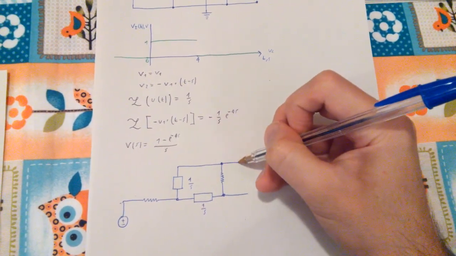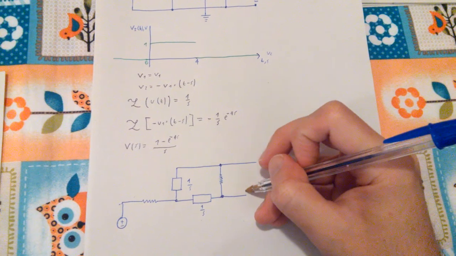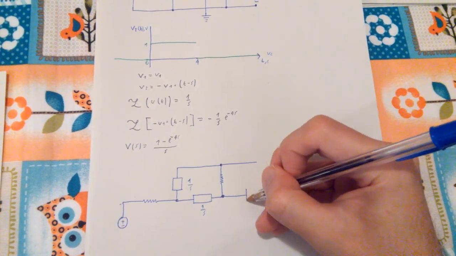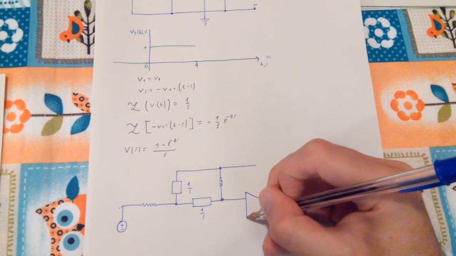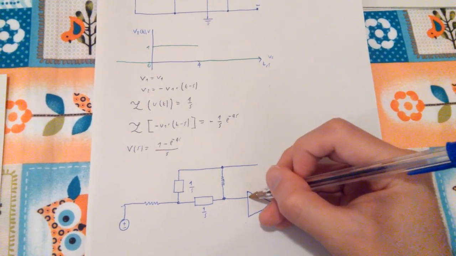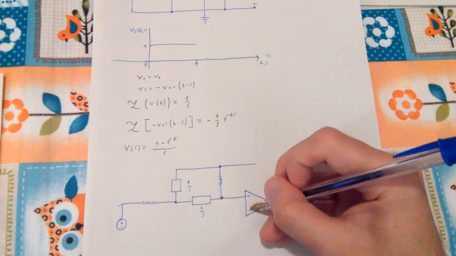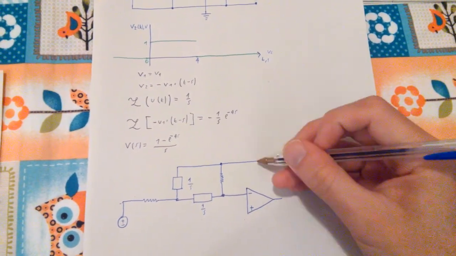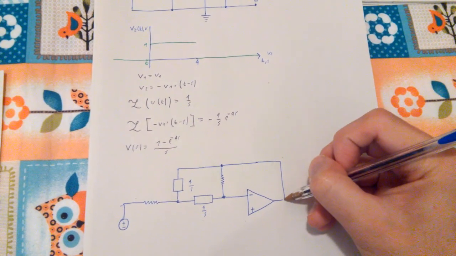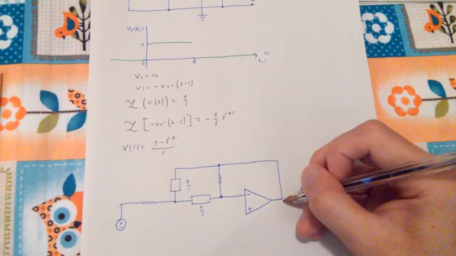Okay, so here we will still have the big fat amplifier like this, connected to the negative side, and then the positive side is going to be connected to ground, and then here will be down like this.